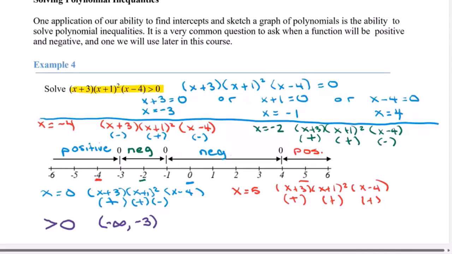Also from 4 to positive infinity. And we just put a union between them. When we have these intervals, we put a union, which means it's like adding those two. We're taking those two intervals and adding them together. Okay, so that would be the solution to this inequality.